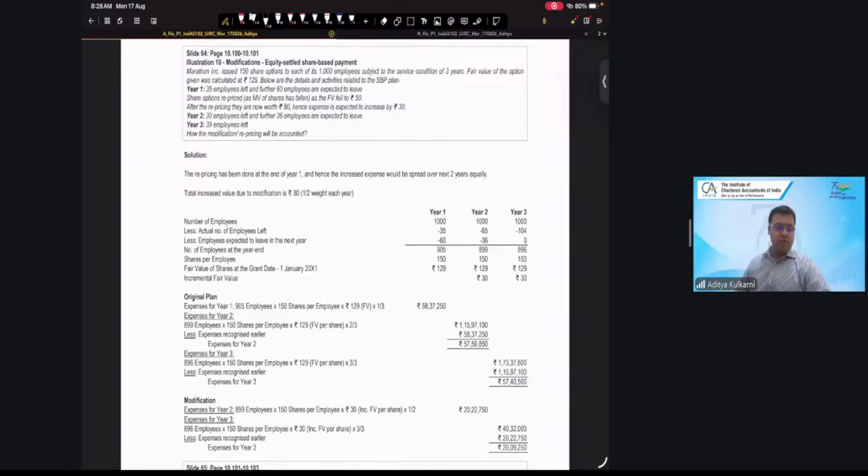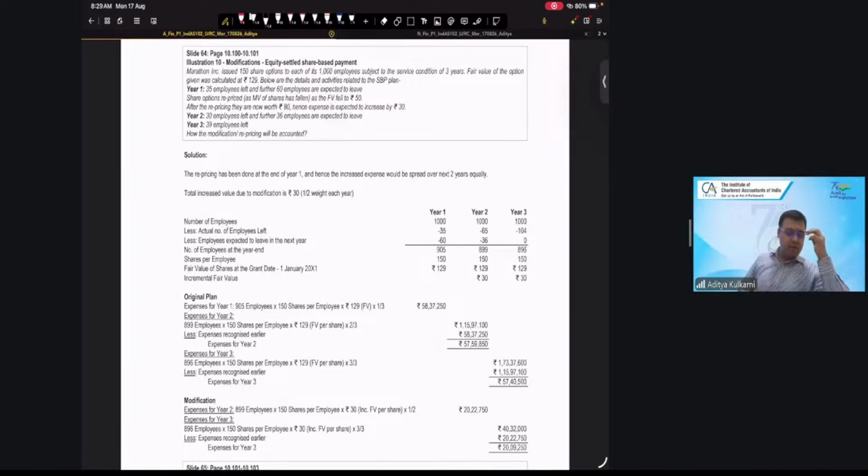So we start off with the repricing of options. Can the management change the exercise price? Answer is yes. And if this is modified in a manner beneficial to the employee, then we will have to calculate the incremental fair value on the modification date.